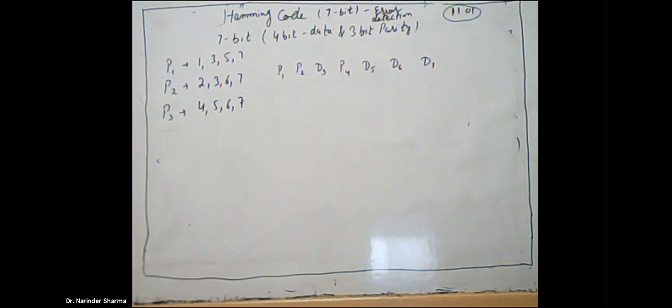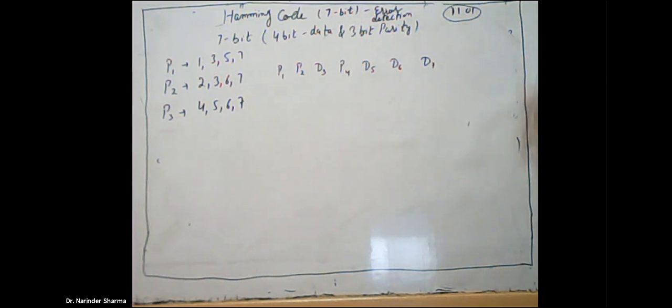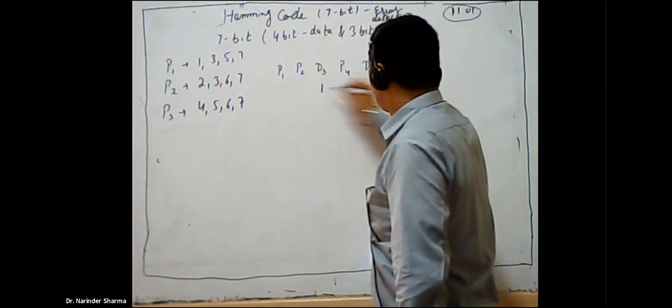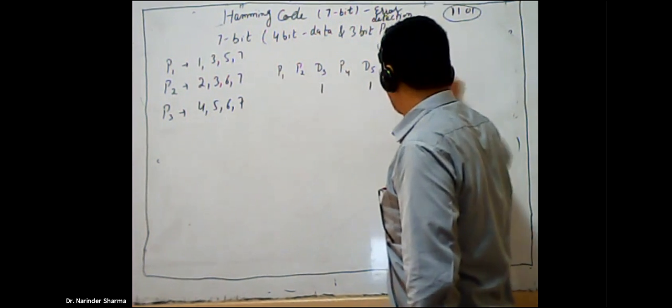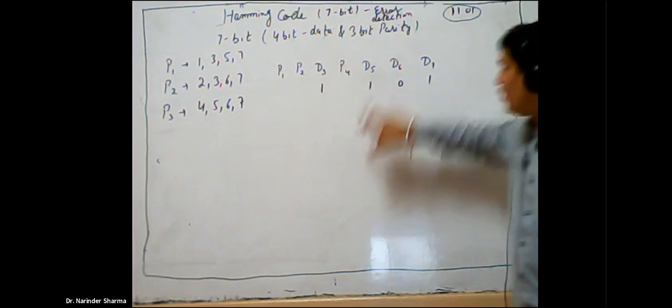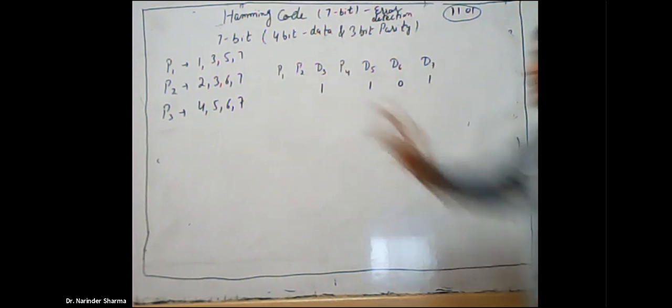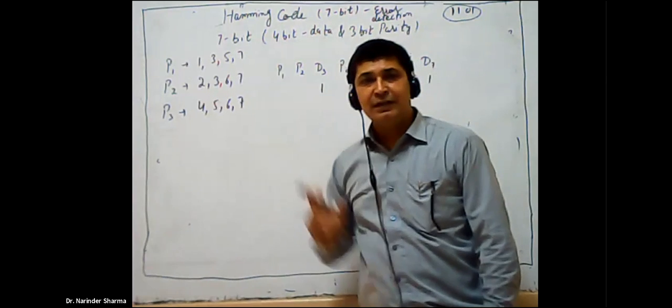Now the data bits are 1101. These are your data bits. Under D, you have to fill up these values: 1101. Now we have to compute the value of P1.